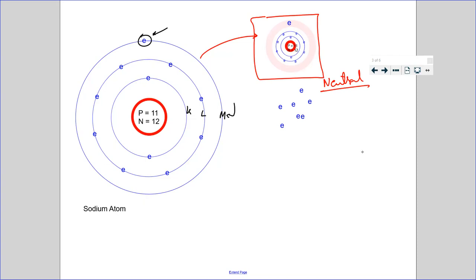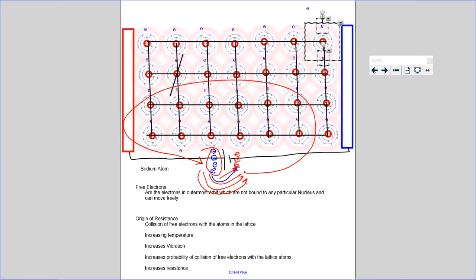Yes. Okay. So we have combined these smaller miniature views to make a sodium metal strip. A sodium metal strip has a lot of sodium atoms, and each sodium atom has one electron in the third orbit, which is shown in pink.